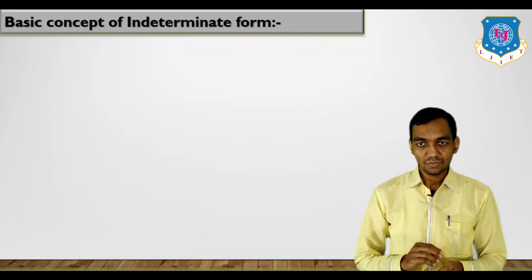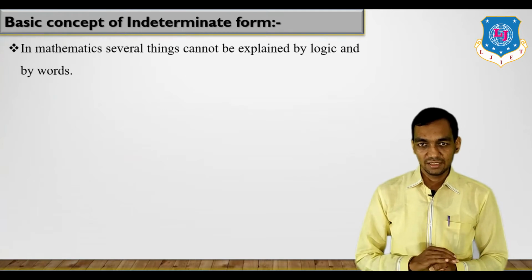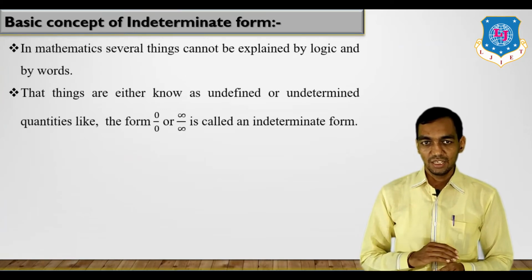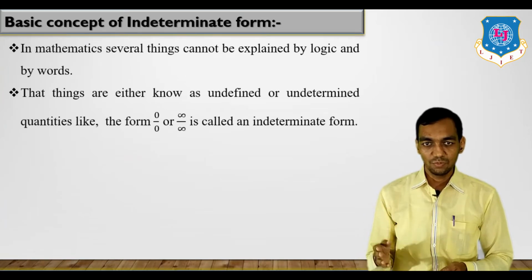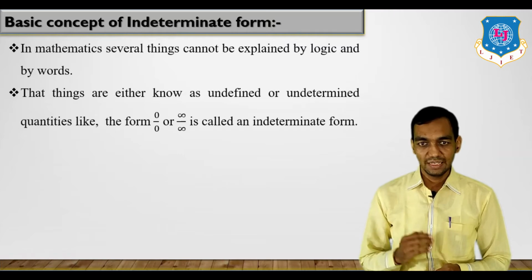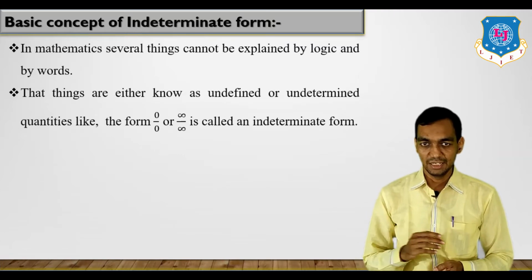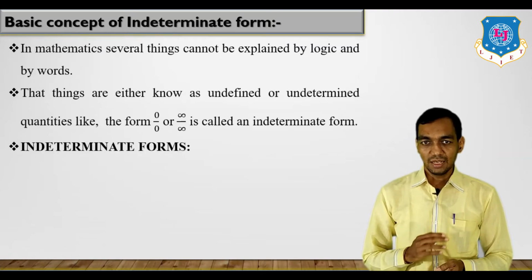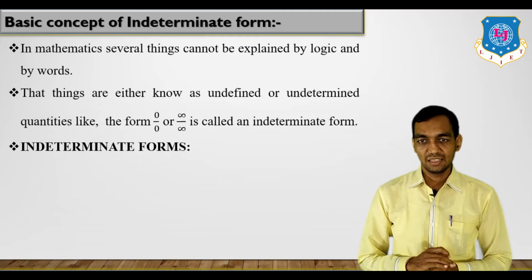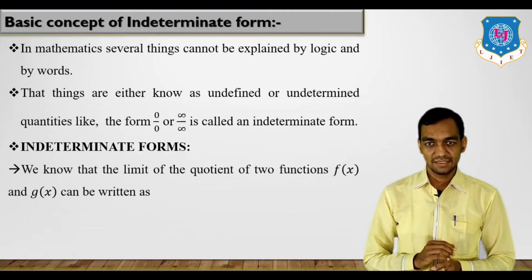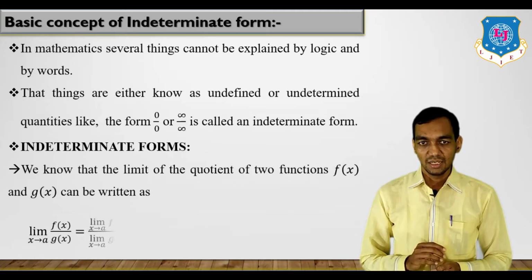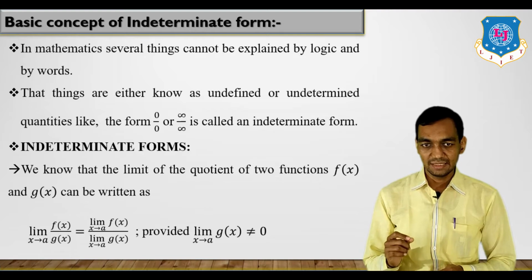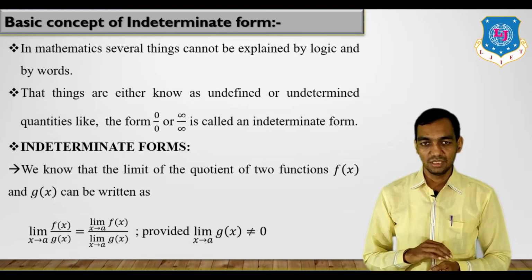First, we have already discussed what the indeterminate form is. A form like 0 by 0 or infinity by infinity is called an indeterminate form. Now, what is the basic concept? Suppose f(x) and g(x) are two functions written in the form of the limit as x tends to a of f(x) upon g(x).